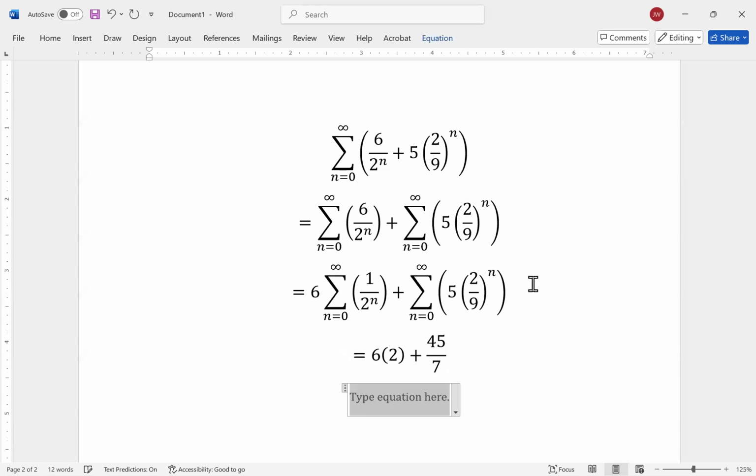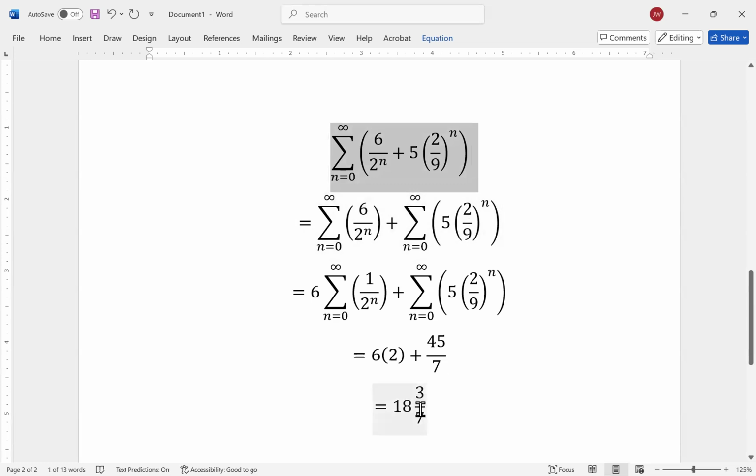So that means this original series converges to 18 and 3/7.